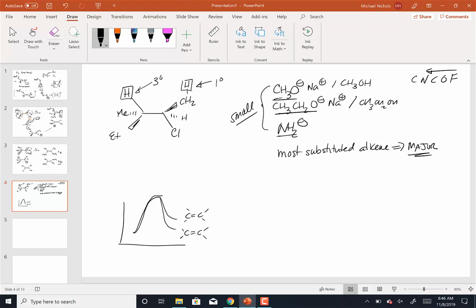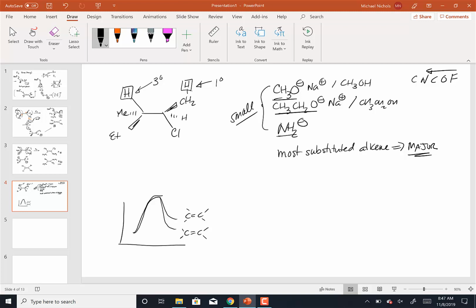There's one caveat, one huge caveat. The hydrogen that's being removed must be anti-periplanar, or must be able to become anti-periplanar to the leaving group. That has to happen. So, in terms of writing the major products, our steps are going to be identify the beta hydrogens, and then identify the beta hydrogens that can become anti-periplanar to be removed.